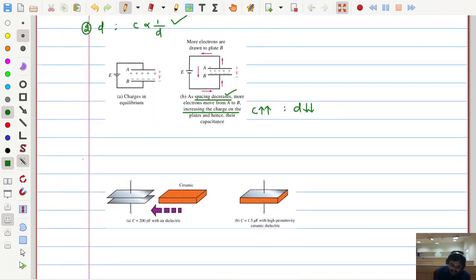Similarly, let me take the third one, C. The dielectric material. If I use, instead of air between these two plates, any dielectric material, that may be ceramic, whose permittivity is epsilon. Remember, just like the inductor, if we use any magnetic material as a core, the inductance value is going to increase.